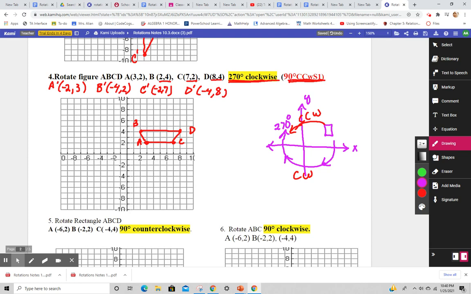A prime is located at -2 up 3, A prime. B prime is located at -4 up 2, B prime. C prime is located at -2 up 7, C prime. And D prime is located at -4 up 8.